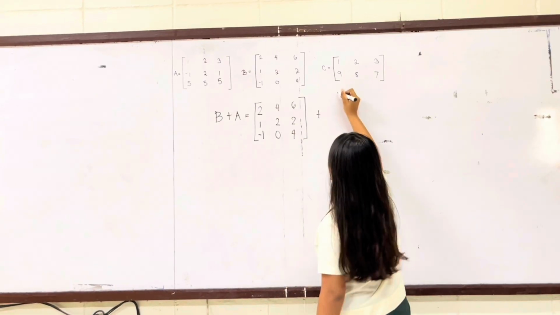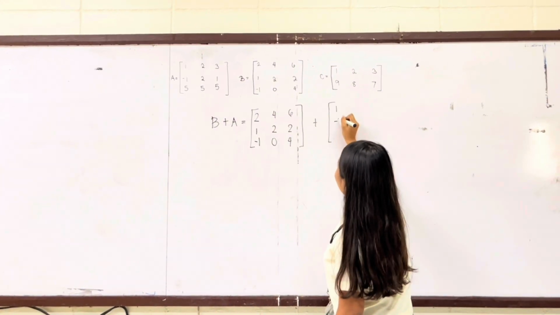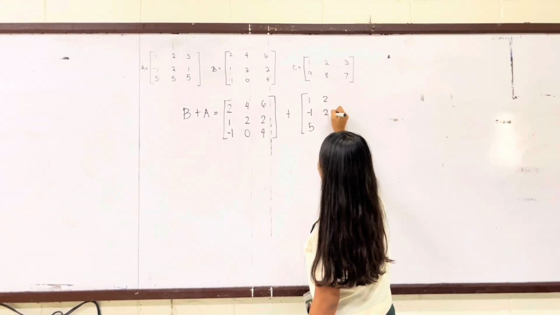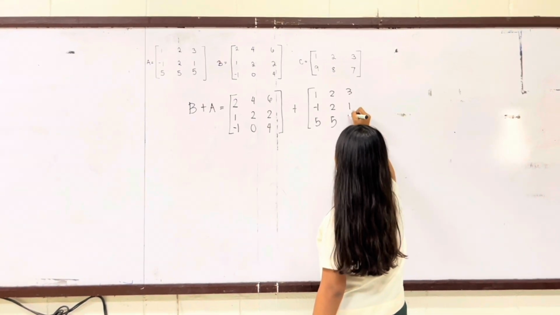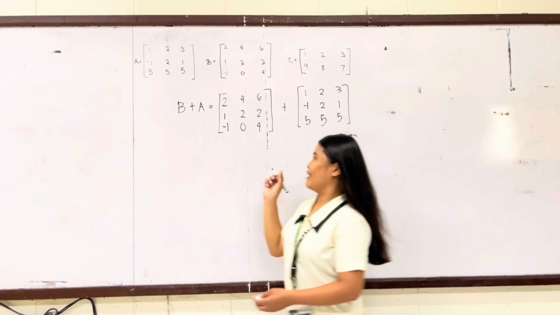Plus, which is here, 1, negative 1, 5, 2, 2, 5, 3, 1, 5. So let's add them together.